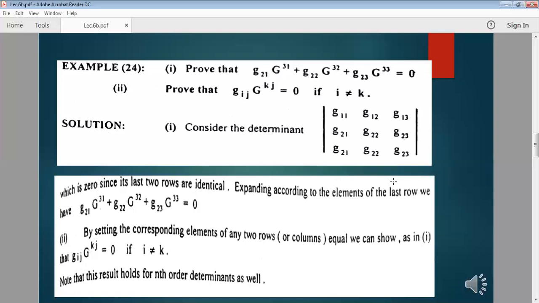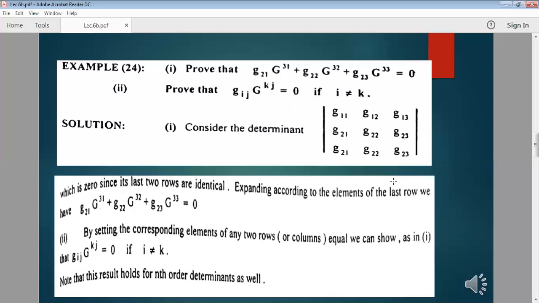To solve this, consider the determinant with rows G11, G12, G13, G21, G22, G23, and G21, G22, G23, meaning the second and third rows are the same. It is 0 since the last two rows are identical. If any two rows or two columns of a determinant are equal, it becomes 0.